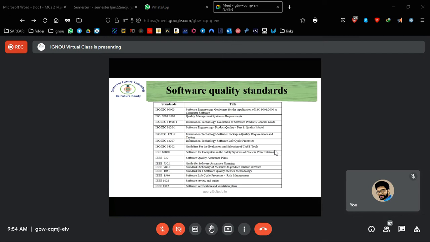Here in this slide, I have the data I captured from your blog. You should remember at least 2 or 3 ISO standards with respect to the series, since every series of standards has its own set of quality parameters associated with it. If I'm talking about ISO/IEC 9003, these quality standards focus on software engineering guidance for the application of ISO 9001 to 2000.